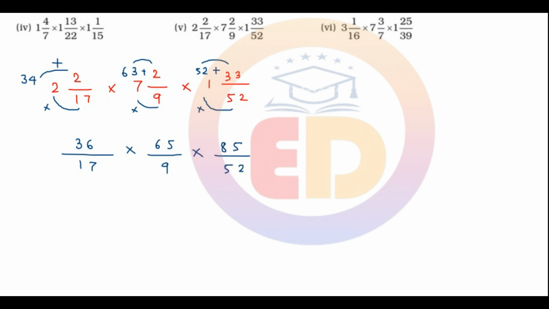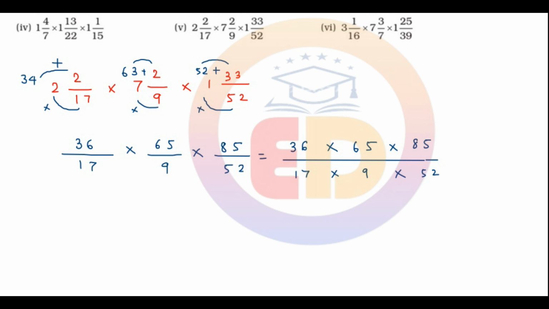Now we will start simplifying them. 36 multiplied by 65 multiplied by 85 upon 17 multiplied by 9 multiplied by 52.